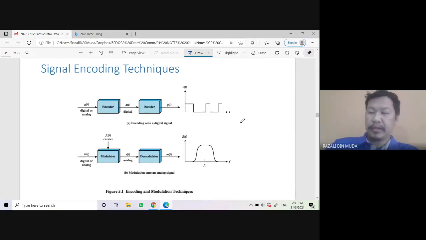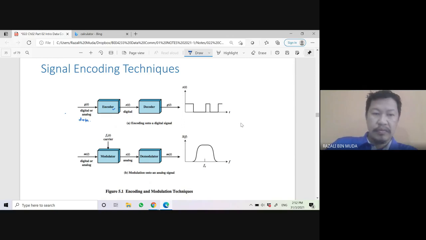Signal encoding techniques. Okay, so there is a signal, the data coming here, digital or analog data or information going into the encoder. With a digital encoder, a digital signal is coming out, encoding into a digital signal.